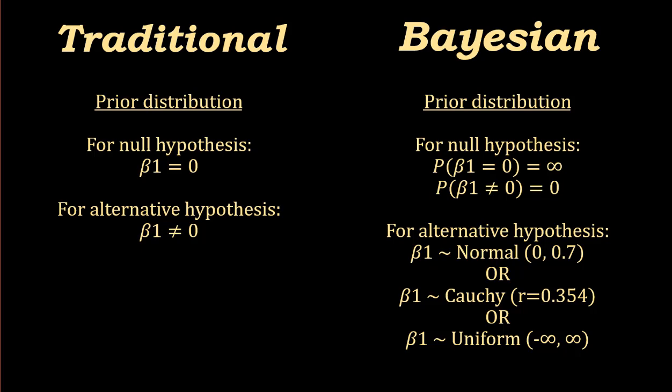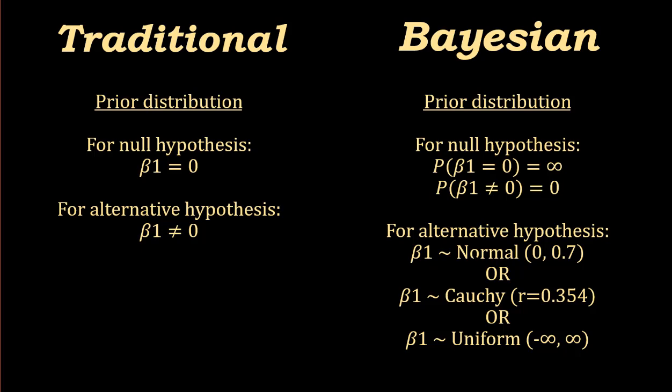So they don't want to influence the current data. We assume almost ignorance on what the possible values for beta 1 are, and we let the data tell us what we should do about beta 1.